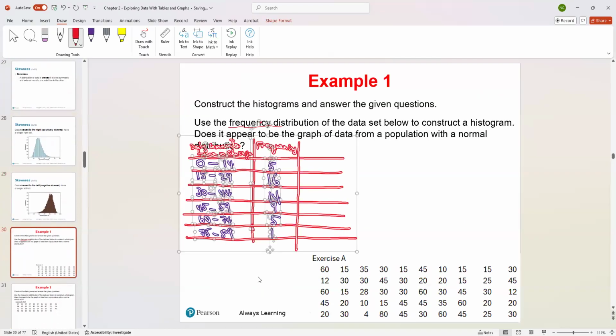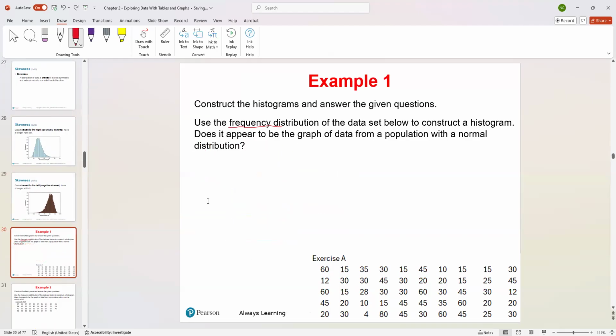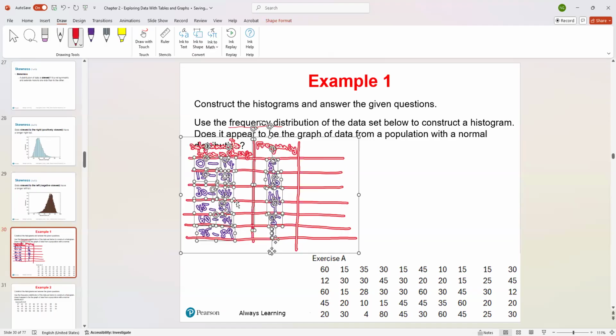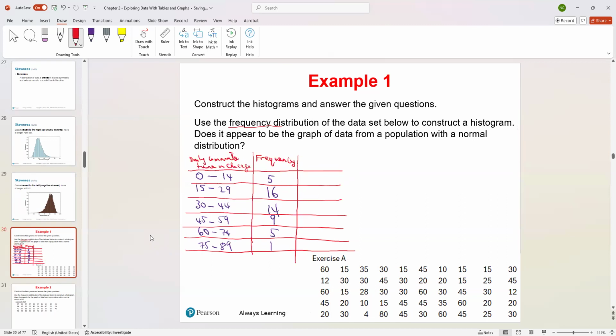Okay, remember what I did here. I'm just going to explain. In this data set, what they were asking us to do was to construct a frequency histogram using the width. Remember, in that data set we identified the minimum, which was 4, and the maximum, the largest number in that data set, which was 80.